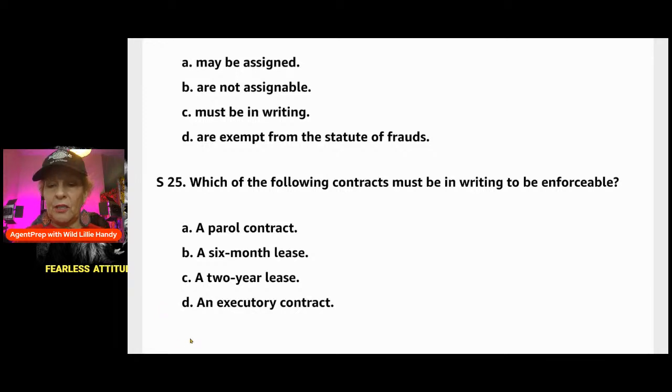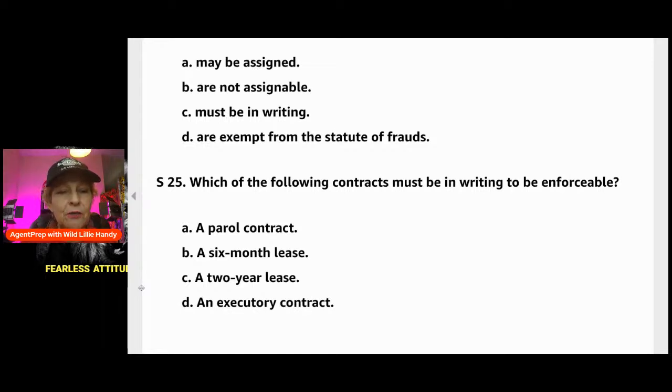Yes, you changed it. Good job. So I usually say do not change your answers, because most of the time we'll get them wrong. However, in some cases, yes. So it depends. Number 25: which of the following contracts must be in writing to be enforceable? A, a parol contract. B, a 6-month lease.